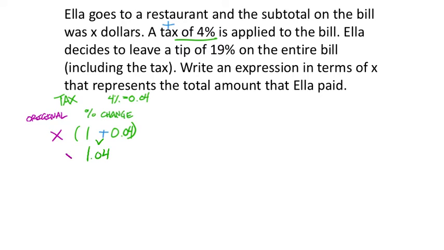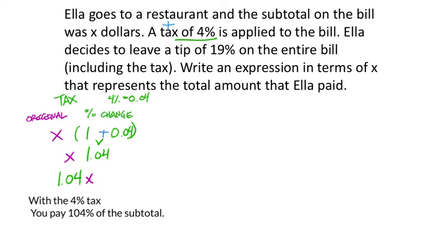And that's multiplied by X. I'm just going to switch those around and show it as 1.04X. This can be interpreted to mean that if you include the 4% tax, you pay 104% of the, I guess, subtotal in this case.